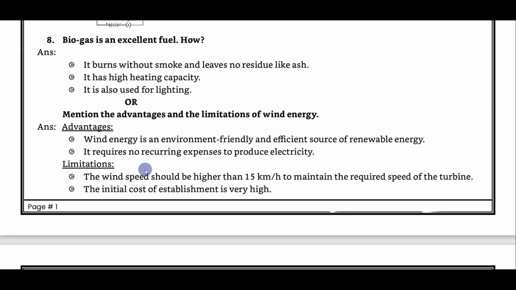Next question: mention the advantages and limitations of wind energy. Advantages: wind energy is an eco-friendly, efficient source of renewable energy. It is also a non-conventional source of energy. It requires no recurring expenses to produce electricity.